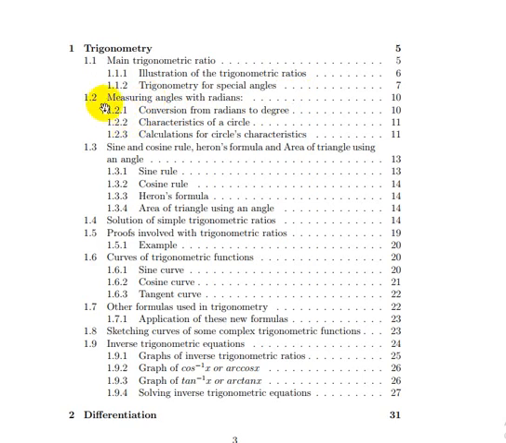Then we had the measurement of radians, where you have seen the characteristics of circles and the characteristics of triangles. Here we have triangles, with the sine rule, cosine rule, and Heron's formula. We also had solutions of trigonometry ratios, the curves of trigonometry ratios and other formulas which are applications, and lastly the inverse of trigonometry ratios.